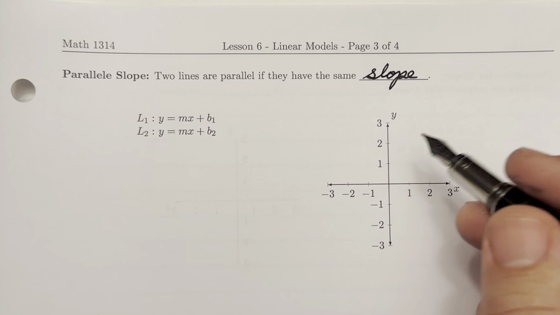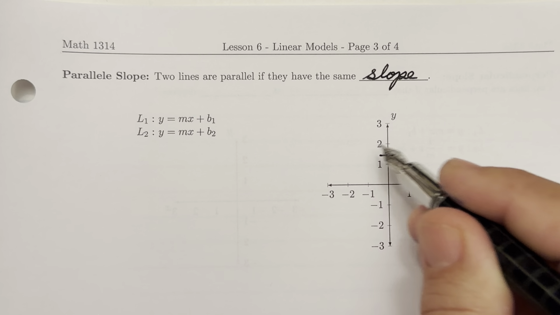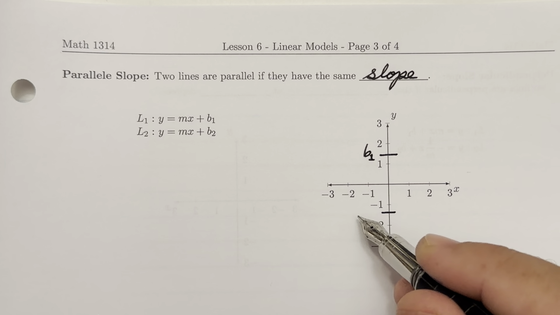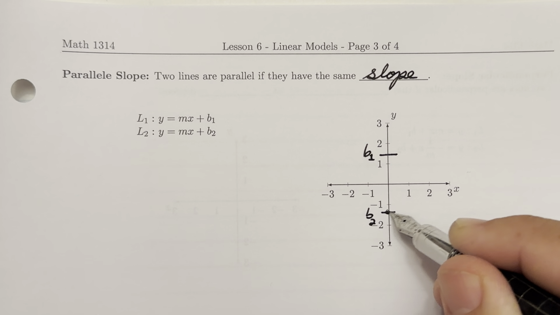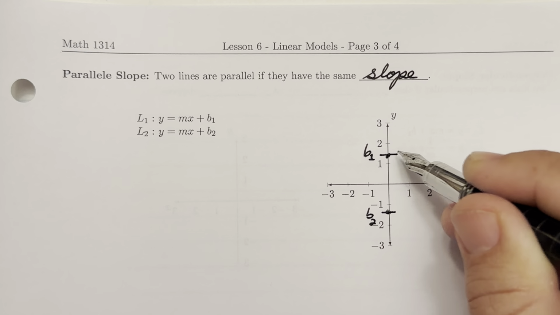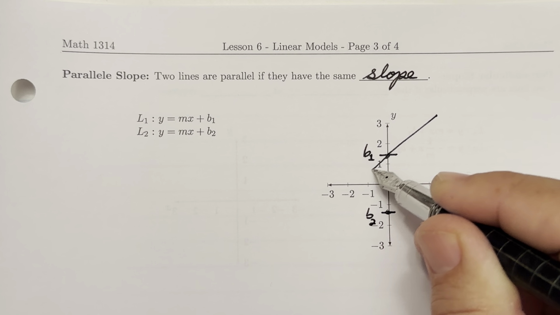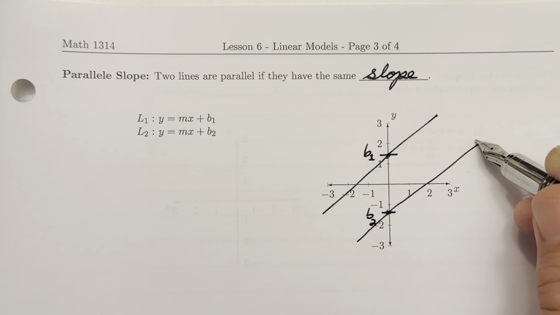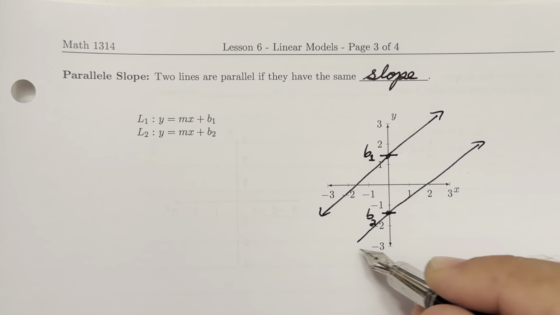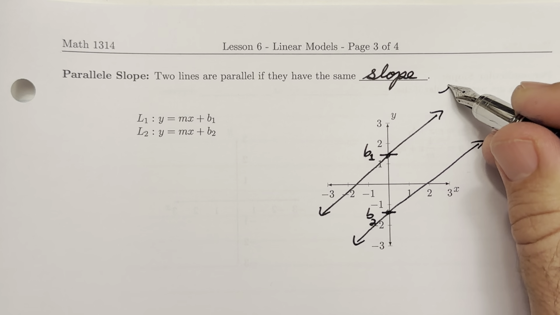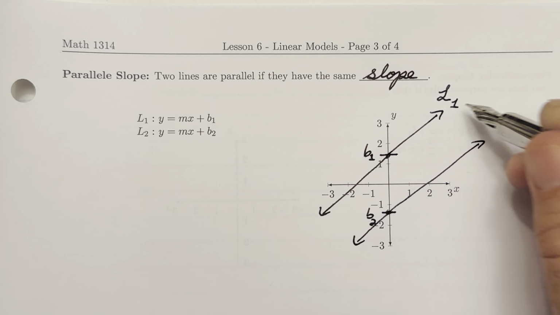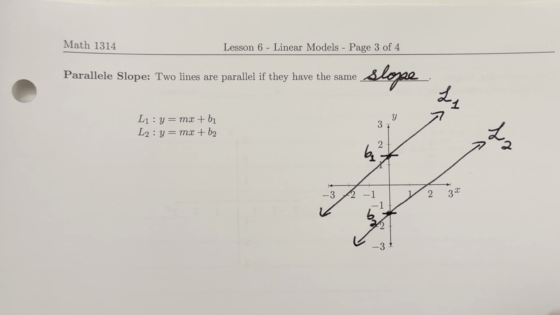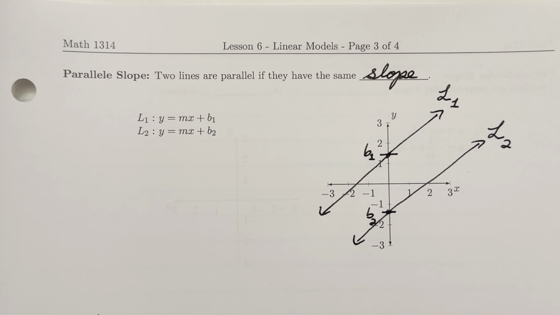The y-intercepts I've got are just generic, so we'll call them b1 and b2 for each one. All right, this is our line, L1. And here is our line, L2.